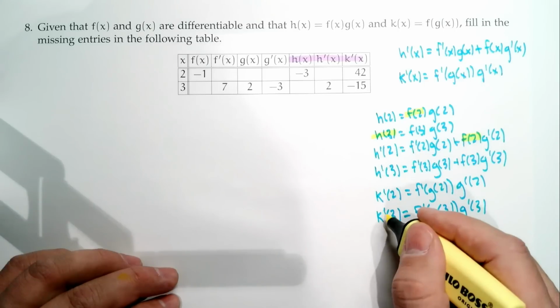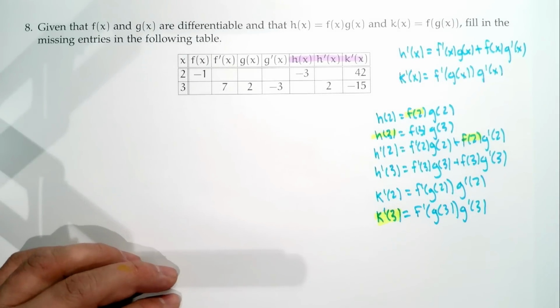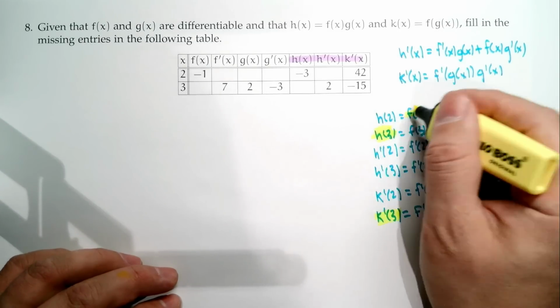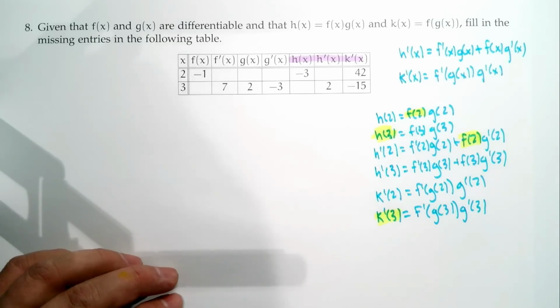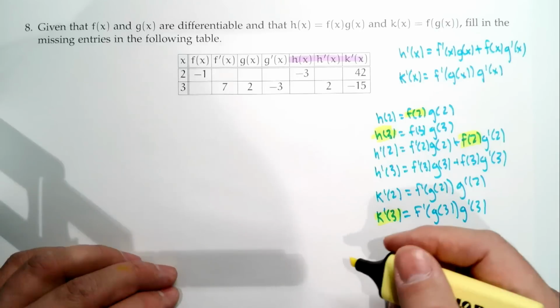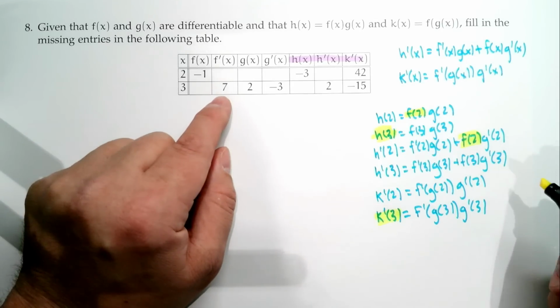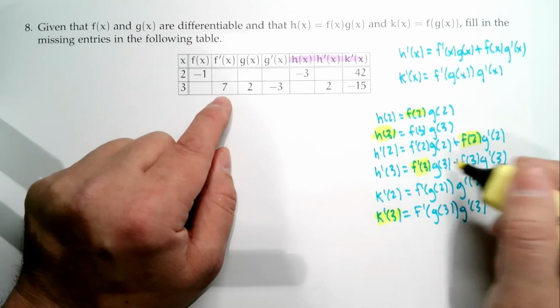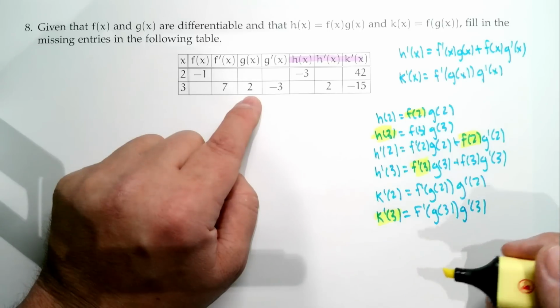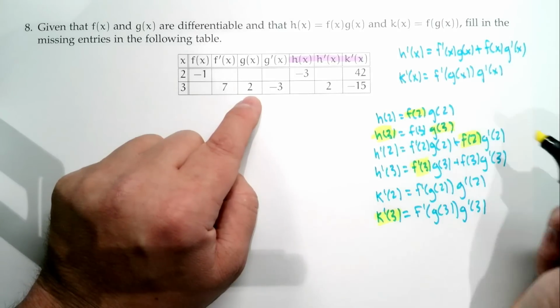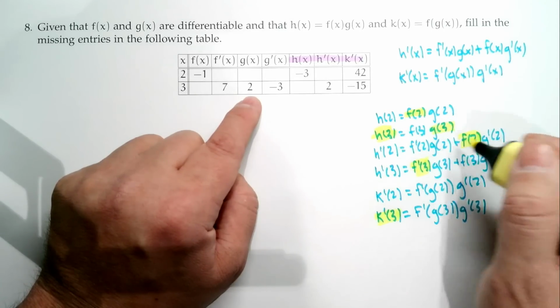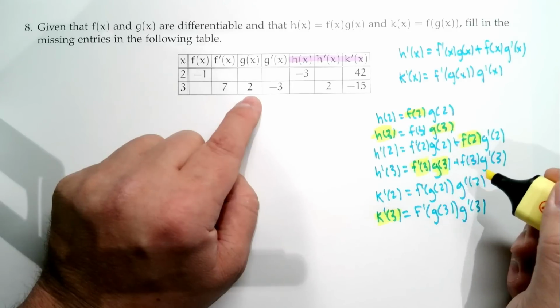We also know k prime of 3. I hope that's showing up. Yeah, it's showing up enough. All right, we know f prime of 3. So everywhere there's an f prime of 3, not that many places. We know g of 3, and there's a few places where g of 3 does show up.